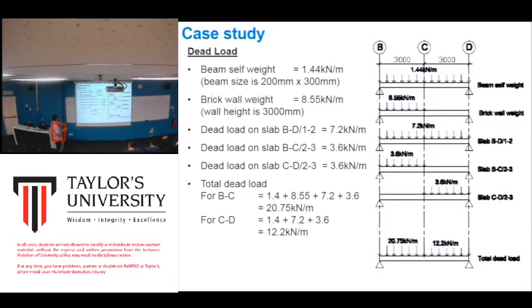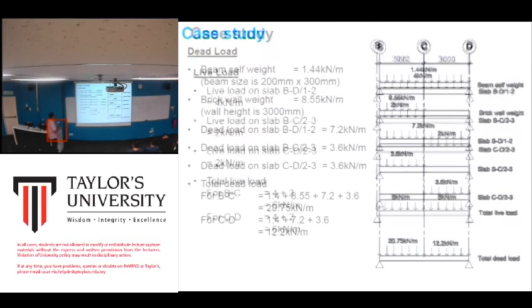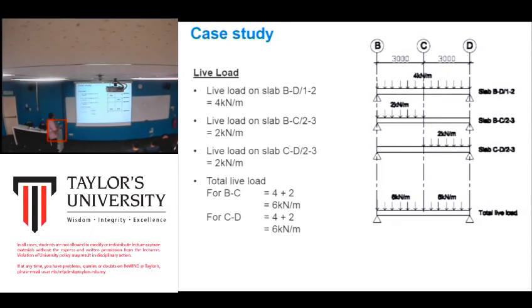BC and CD, you cannot combine them because they are different. The weight of the slab that is supported is different. And live load, okay, live load is only applicable to the slab only.